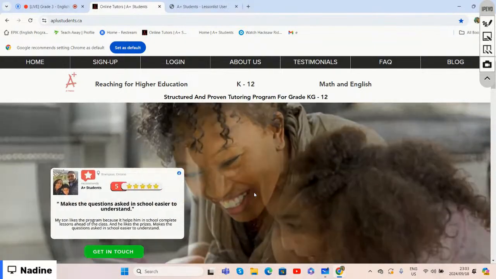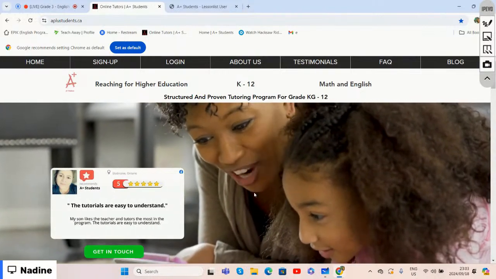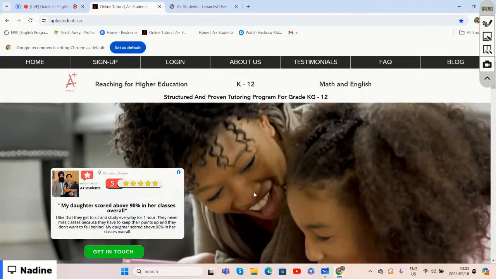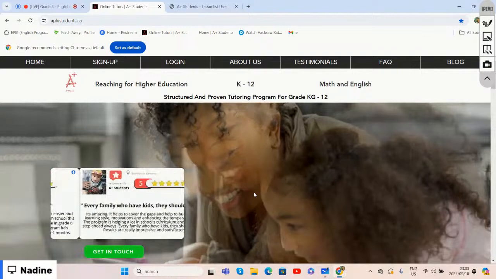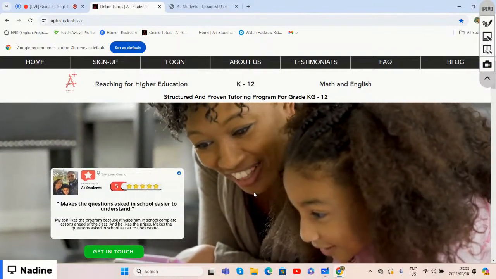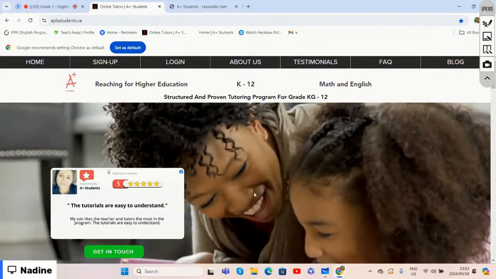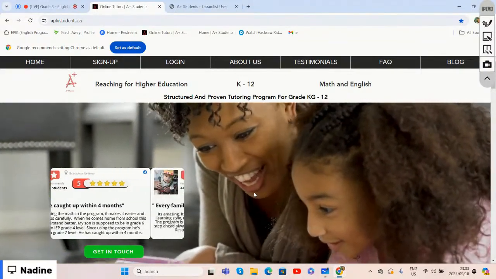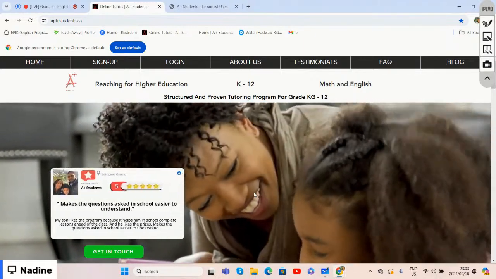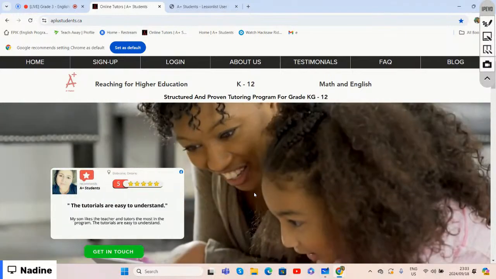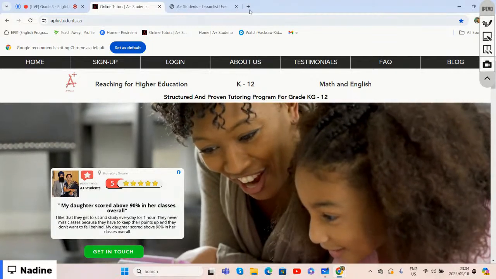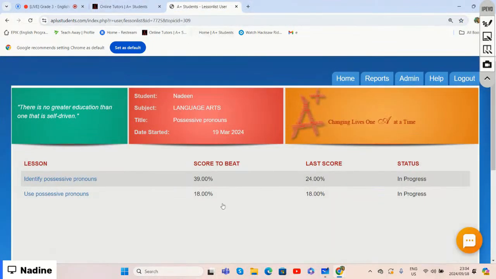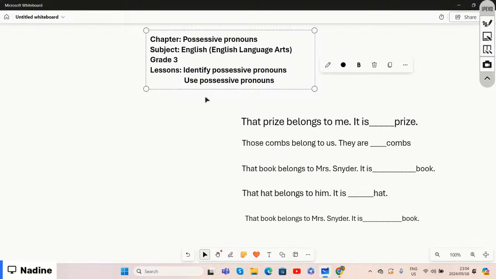We're doing grade 3, and then we're going to scroll down until we get to our chapter of possessive pronouns.